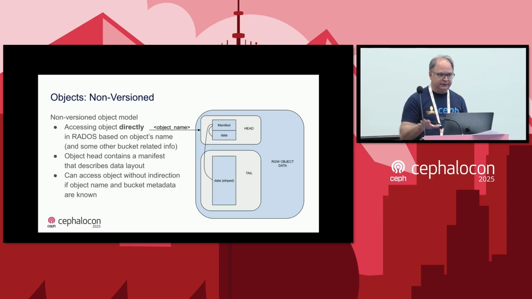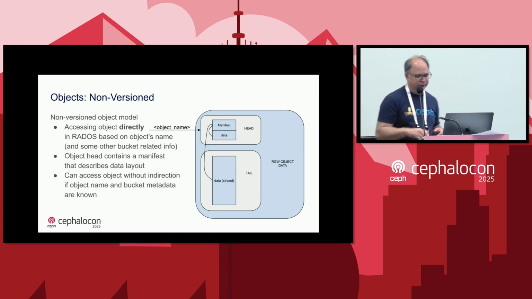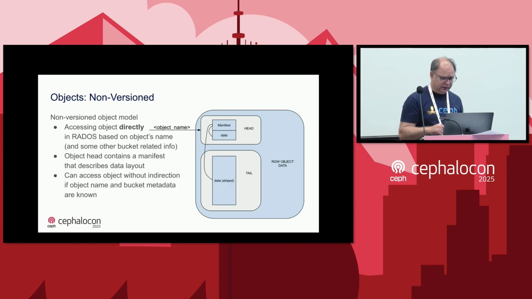So how does that work with the objects themselves? We can look at how non-versioned objects are being handled by RADOS, and I really want to focus on the non-versioned cases, it's a more interesting case. So in order to access a non-versioned object, you have the object name, you have some information about the bucket, you create some string out of it, and that's the RADOS object name.